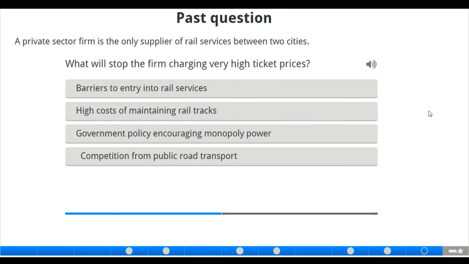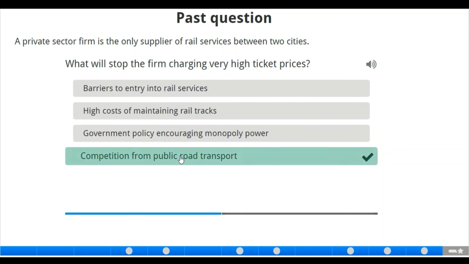Barriers to entry into rail services? No. High cost of maintaining rail tracks? No. Government policies encouraging monopoly power? No. Competition from public road transport? Of course, if there is competition, it will stop the firm from charging high prices to consumers.